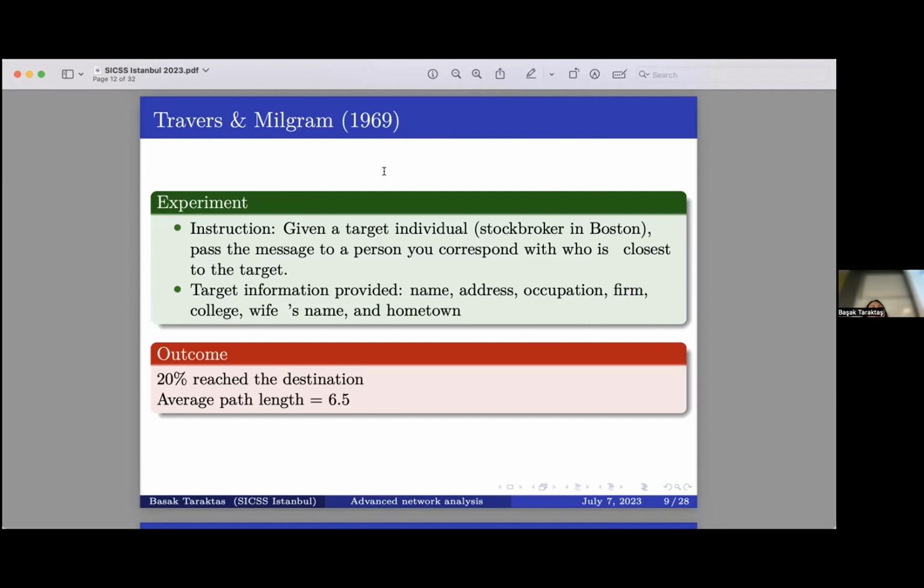Just 2 random people chosen in the United States can be linked through 6 paths on average. That's a remarkable finding that has fostered this idea of 6 degrees of separation. And this experiment has been reproduced recently, considering the online age now. And it turns out that given the intricacies of internet connection, this path length is even shorter than 6, okay?